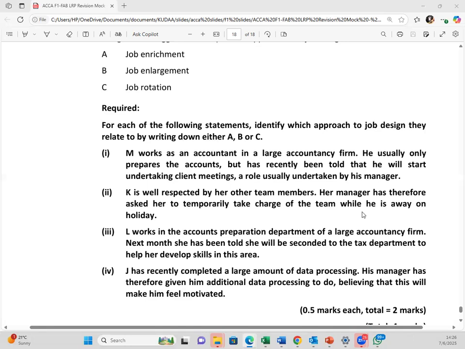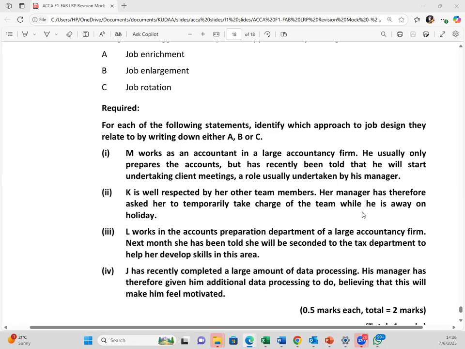Jay has recently completed a large amount of data processing. His manager has therefore given him additional data processing to do, believing that this will make him feel motivated. So that sounds like job enlargement. I think for 1 and 2, those ones are job enrichment. Then the last one, job enlargement.